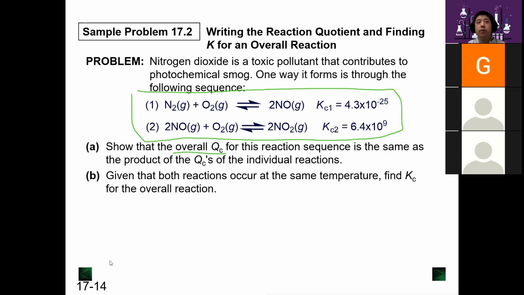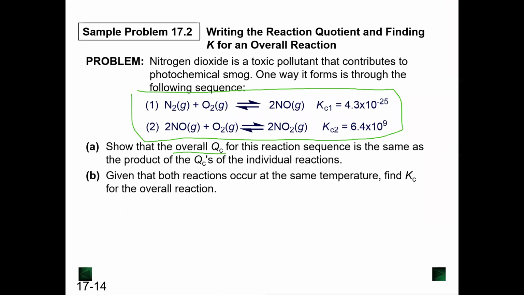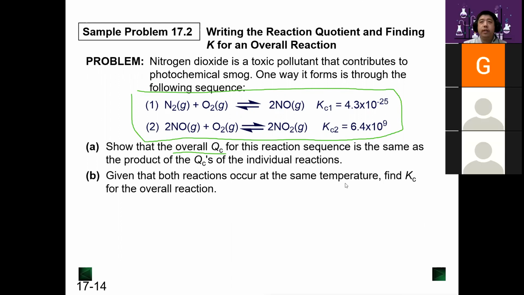Using that information, look for the overall equation. Okay. By now, everyone should be done with this one.